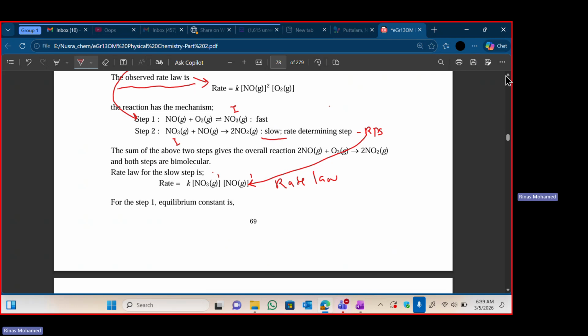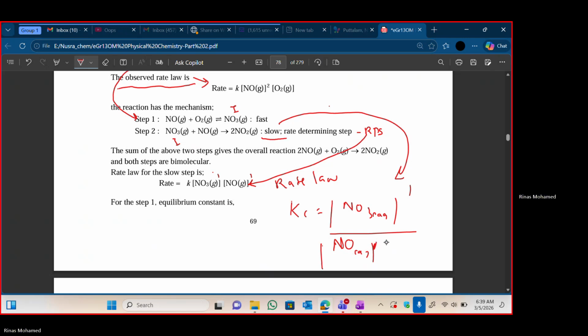Using Kc. Then I can write the Kc like this. For the first step, I am writing Kc because that is an equilibrium: NO3 concentration divided by the reactants, NO gas first order and O2 gas first order.